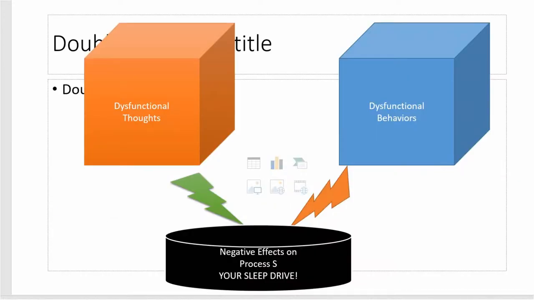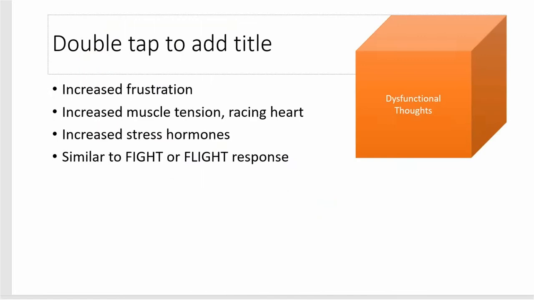If you have dysfunctional thoughts and dysfunctional beliefs, those can have negative effect on process S, and it will have problems for your sleep drive. So dysfunctional thoughts, worrying thoughts can cause frustration, muscle tension, racing heart.